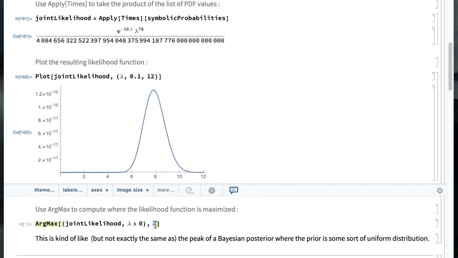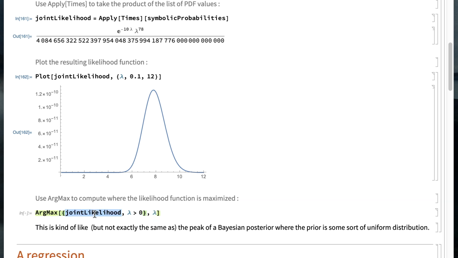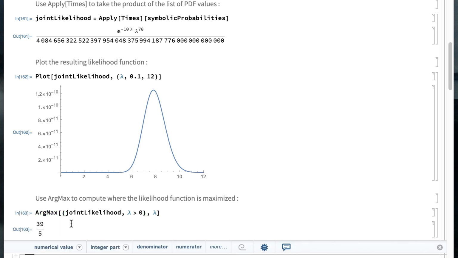We're going to try and find the maximum value of lambda. This is what we're trying to maximize. And I do want to tell the computer that lambda really needs to be greater than 0. We don't like Poisson distributions that have a negative lambda value. So when we do that, we get 39 divided by 5, and that is our maximum likelihood estimate of the parameter lambda.